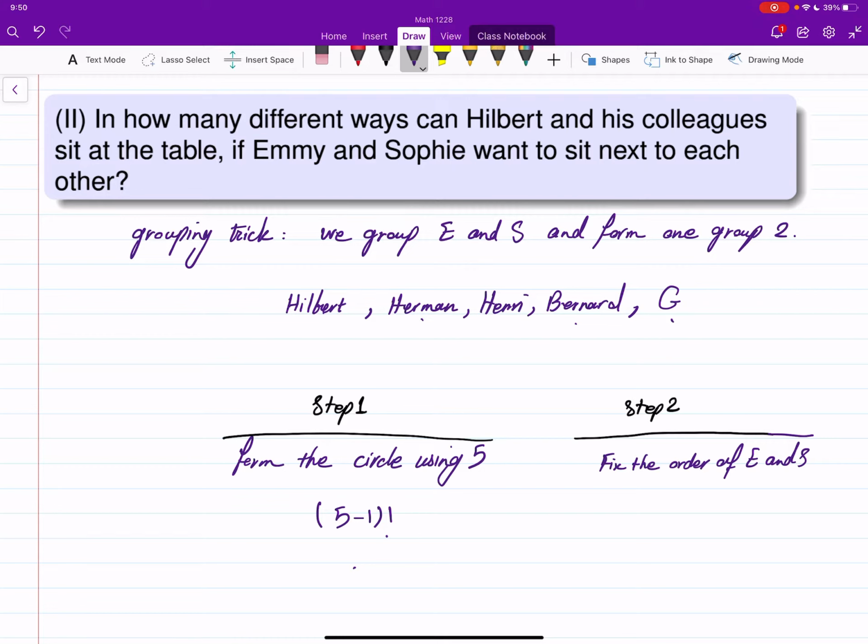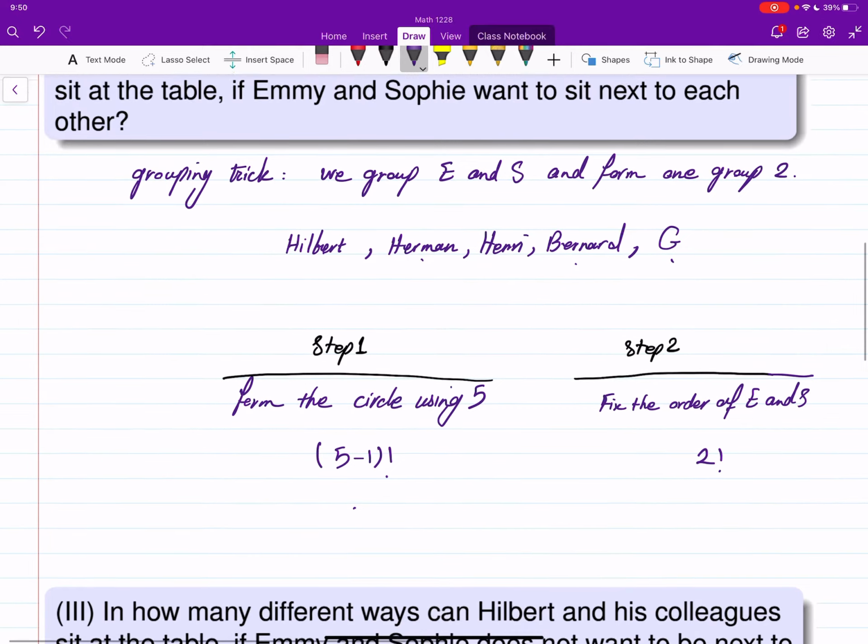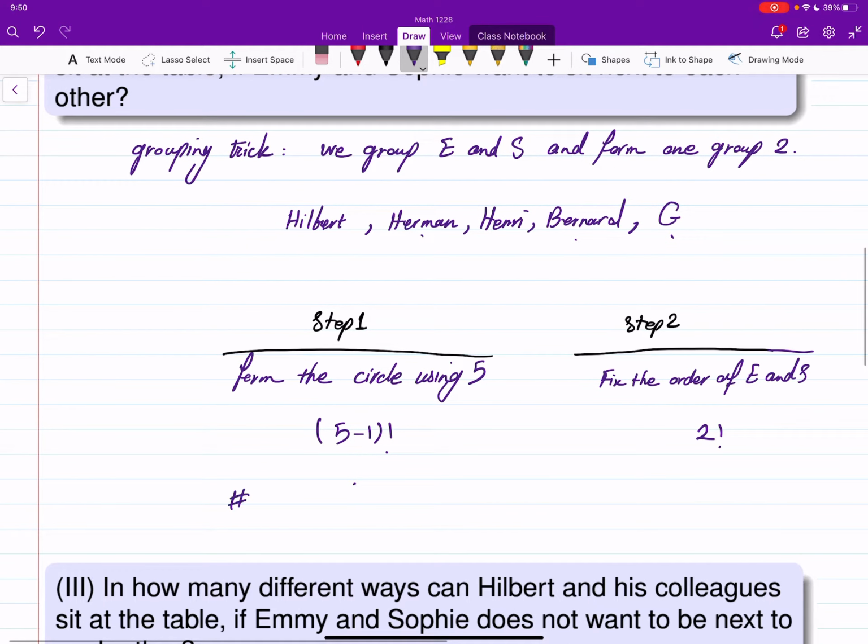And we know that the number of permutations for 2 objects in a line is 2 factorial. Another way of counting that: you either do ES or SE. Yes, there are 2 cases. So now the total number is going to be 4 factorial times 2 factorial, which is 24 times 2. There are 48 ways to do this one.